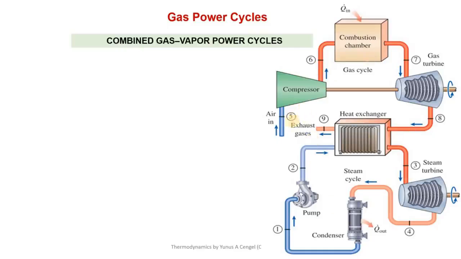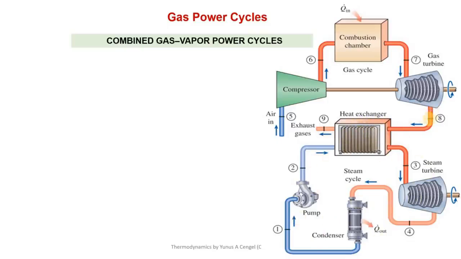Because normally in a gas power plant, the temperature of the gases leaving the turbine is quite high, because here in the combustion chamber of this gas turbine the temperatures are well above 1000 degrees Celsius. So after expansion, this temperature could be very high, around 500 degrees Celsius, and that is enough to make steam, right? So here we are using a heat exchanger not as a regenerator but as a boiler for this power plant, which is a steam power plant.